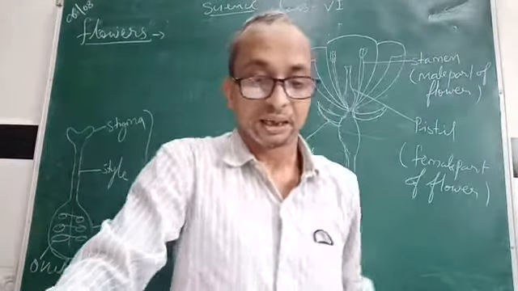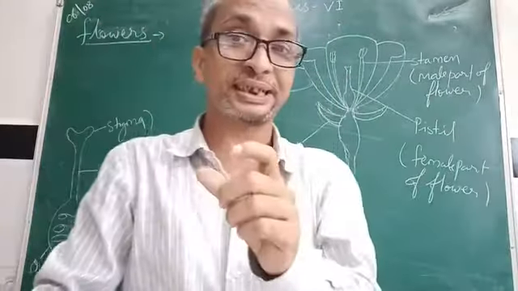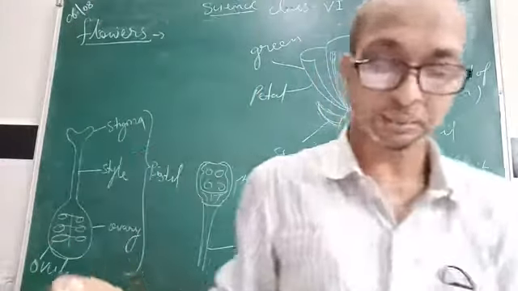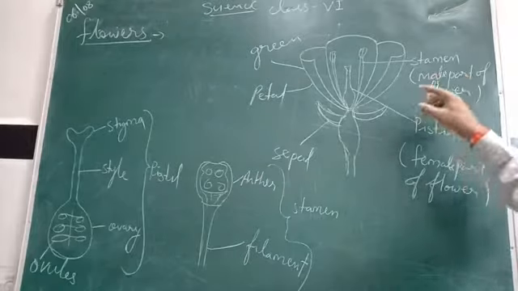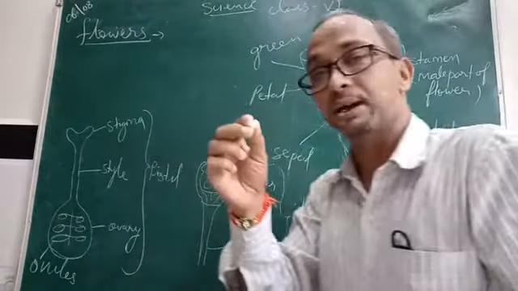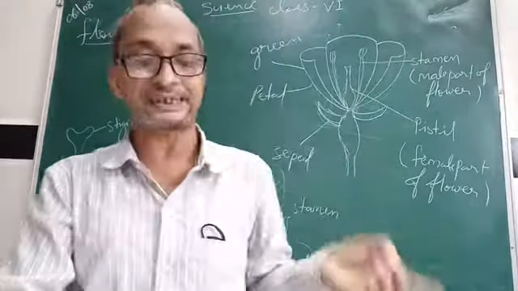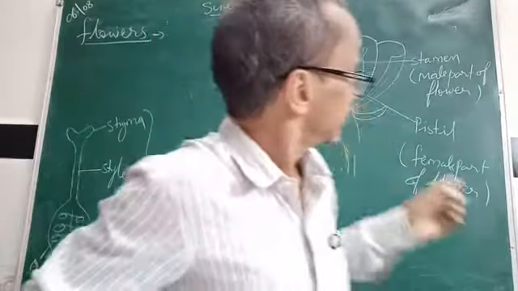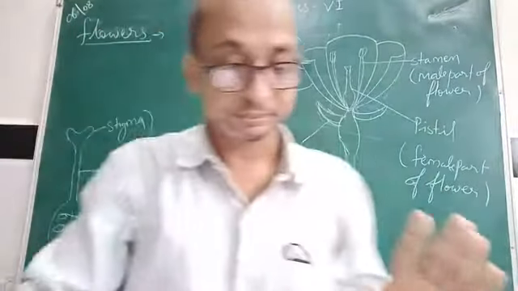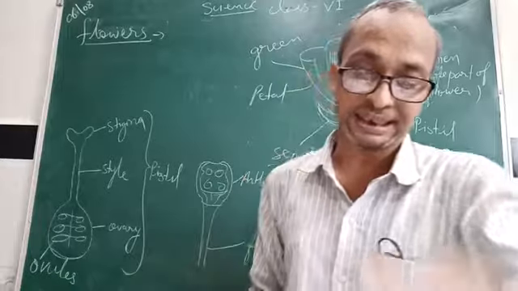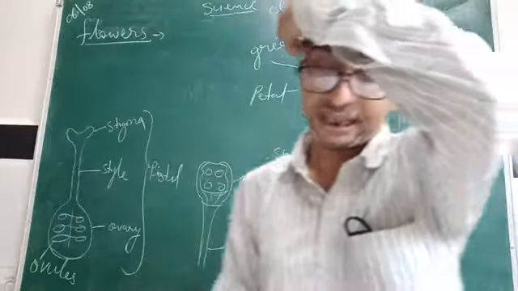And what are pollen grains? Pollen grains contain the male sex cells of the plant. Pollen grains are always present in the male part of plants. And in the center of the flower there is a flask-shaped organ.